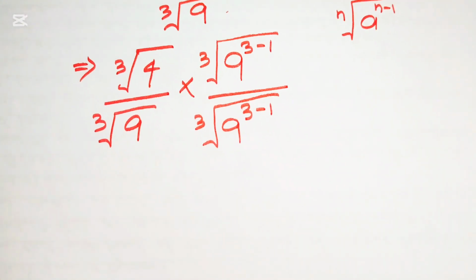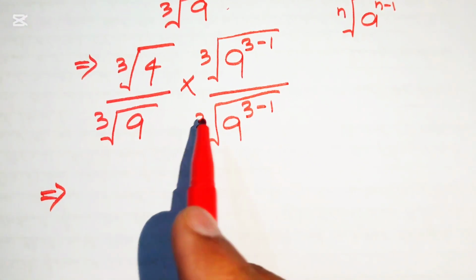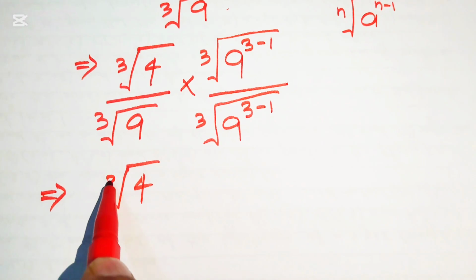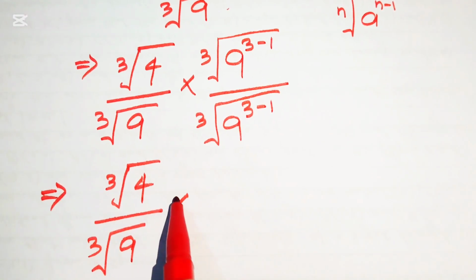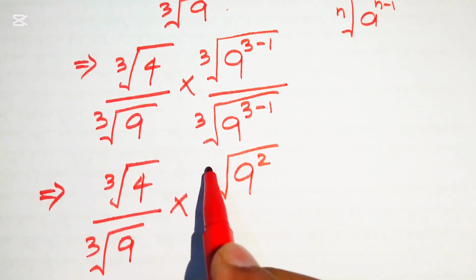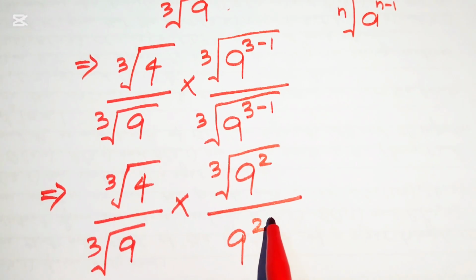After this step we need to simplify the terms, and we have the cube root of 4 divided by the cube root of 9 multiplied by the cube root of 9 squared divided by the cube root of 9 squared.